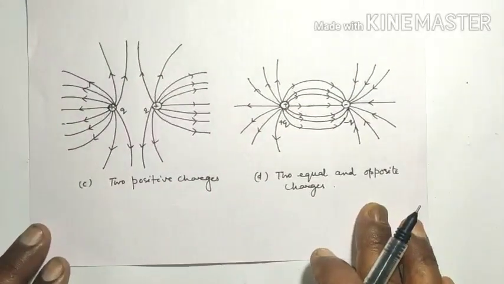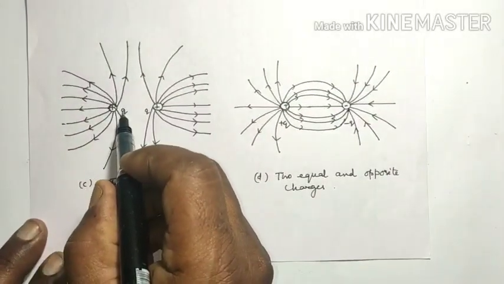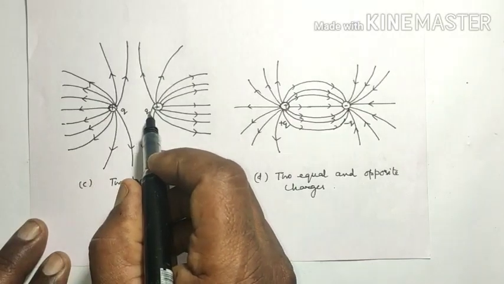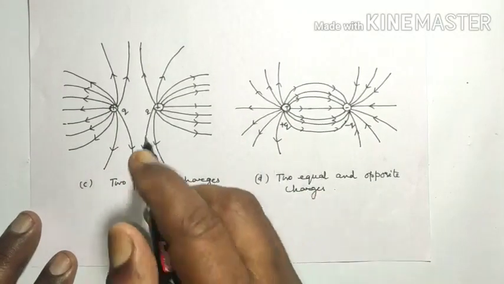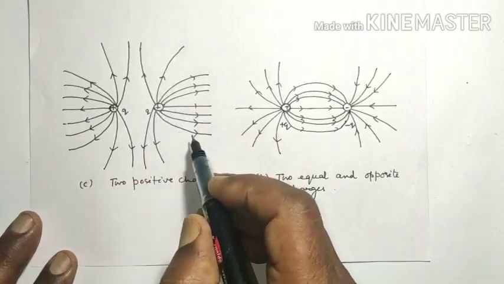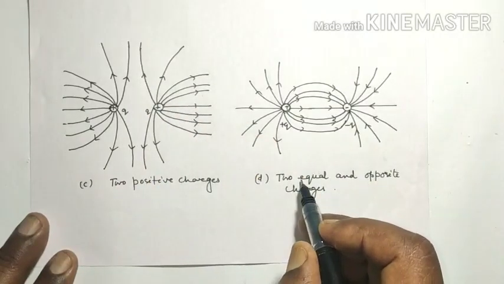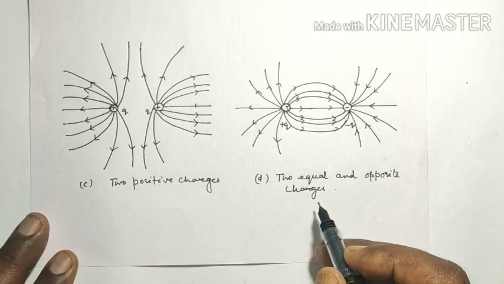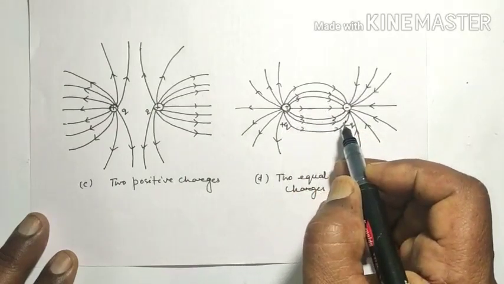Then we take two positive charges, this is plus Q and this is also plus Q, and these are the field patterns. In case of two equal and opposite charges, these are the field lines.